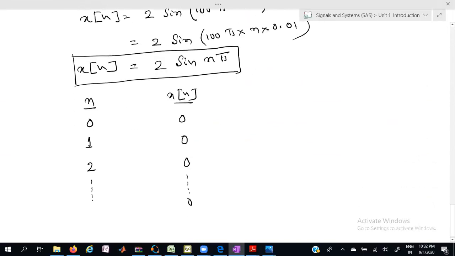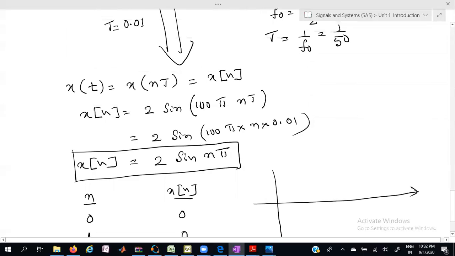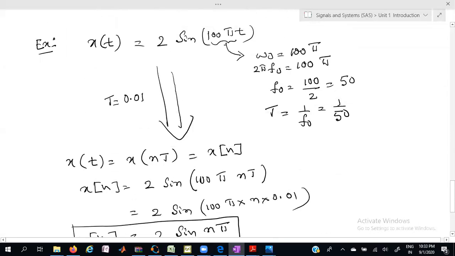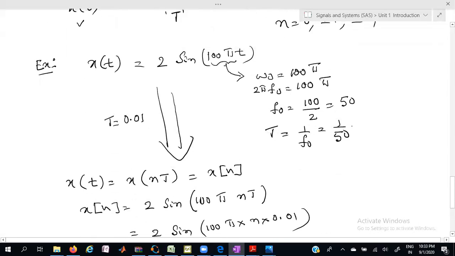You should notice one very important thing here. I have a sinusoidal signal, and its time period is 1 by 50, which is 0.02.